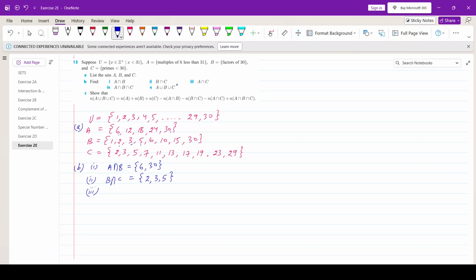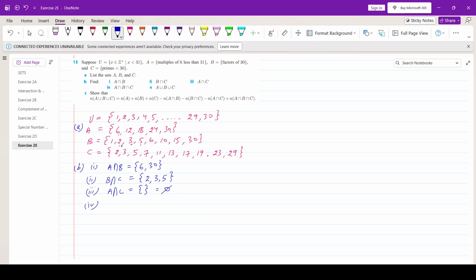So part 3 says A intersection C. That will be 6 is not present here, 12 is not present, 18 is not present, 24 is not, 30 is not. So this will be an empty set.